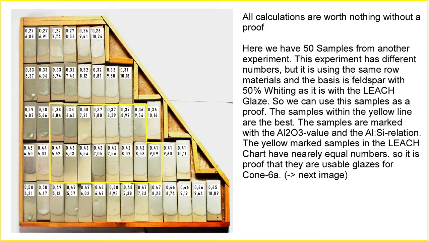The samples within the yellow line are the best. The samples are marked with the alumina value and this alumina-silica relation. The yellow marked samples in the LEACH glaze have nearly equal numbers, so it is a proof that they are usable glazes for cone 6A.